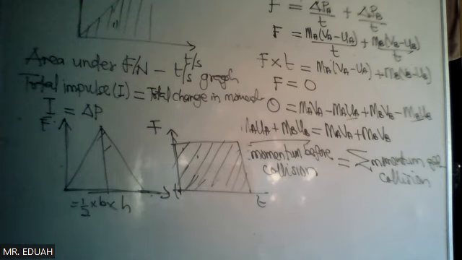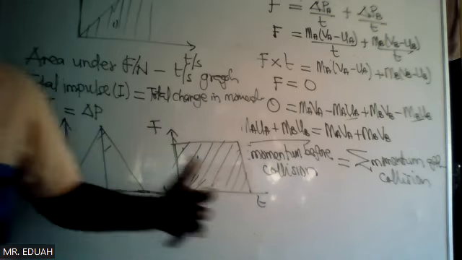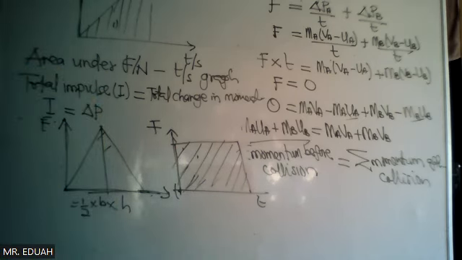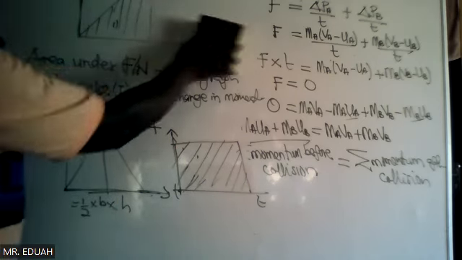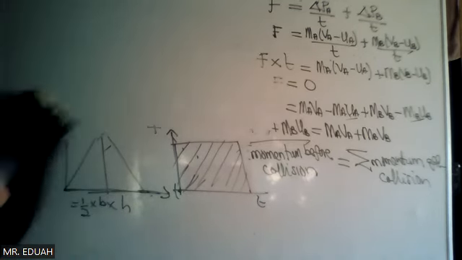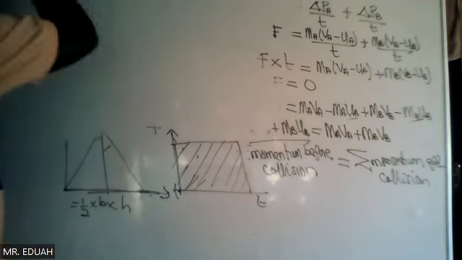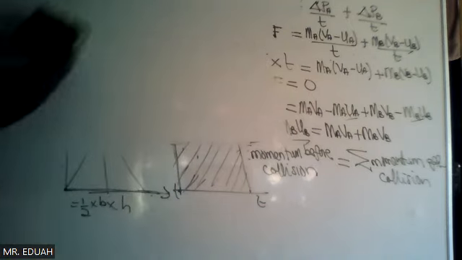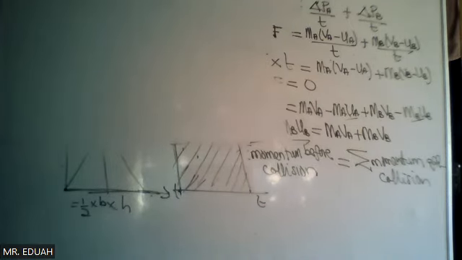Okay. In collisions, when two or more bodies are colliding, the collision can either be a head-on collision or a sideways collision, what we sometimes call an oblique collision.